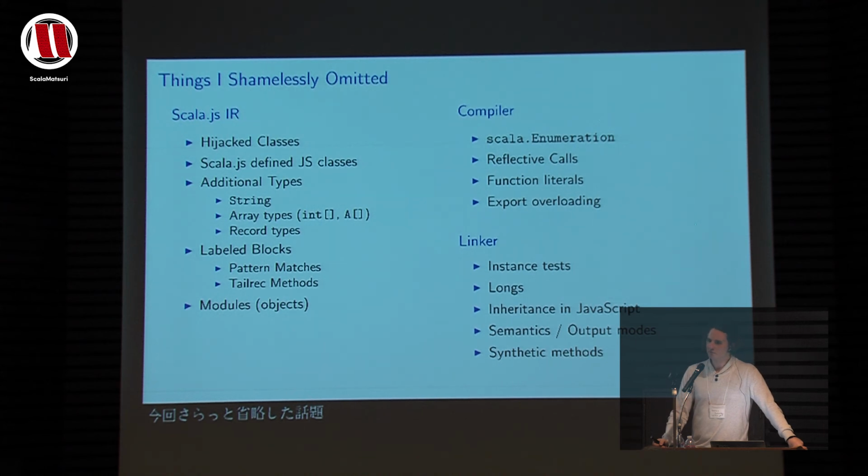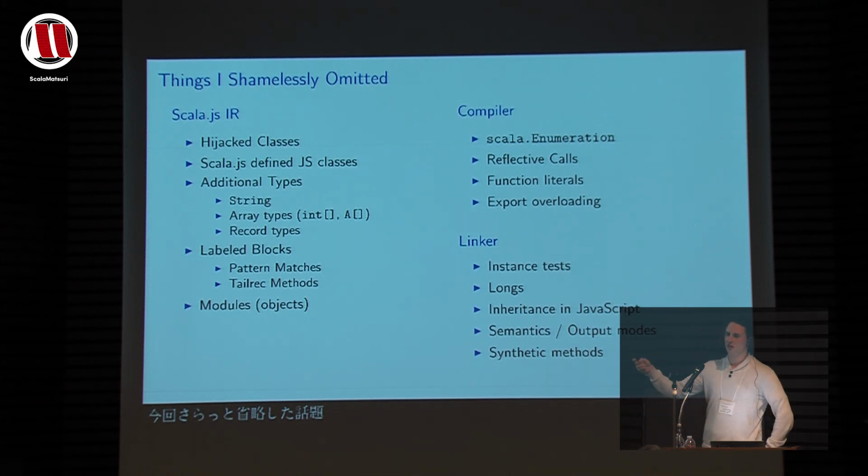So if you have a string, you would want to be able to pass a string to JavaScript and get it back from JavaScript and get support from the JavaScript virtual machine to use it, and so on and so forth. However, in JavaScript, a string is not even an object, it's a primitive value. So now suddenly the whole pipeline has to know that when you write java.lang.String, that's actually not a Java lang string. That's not even a class.